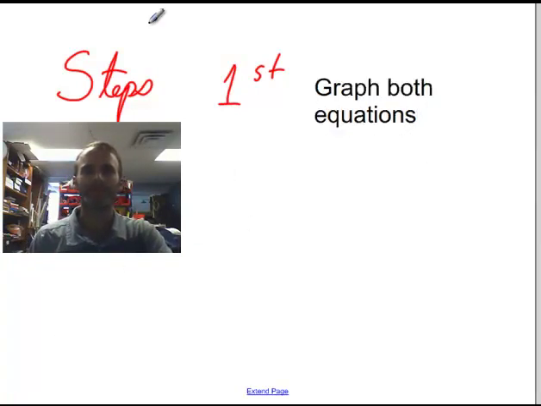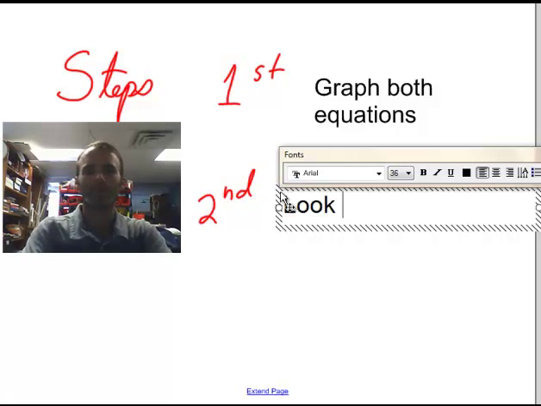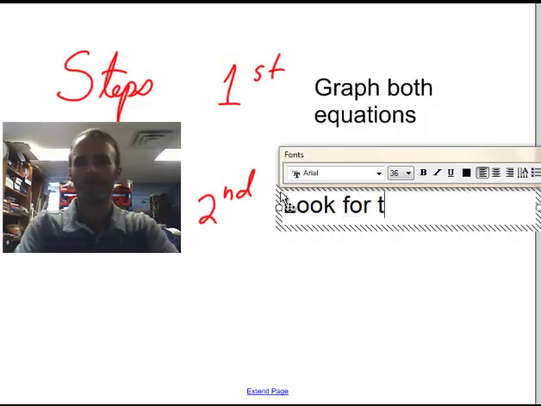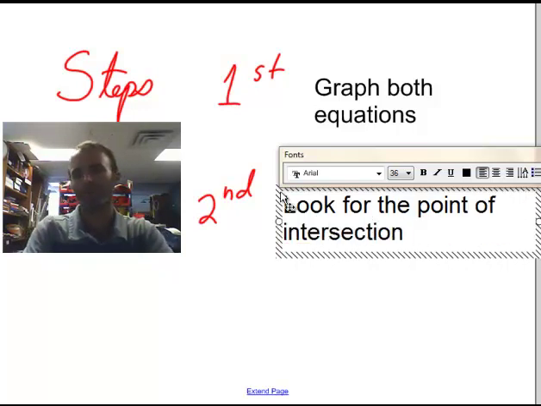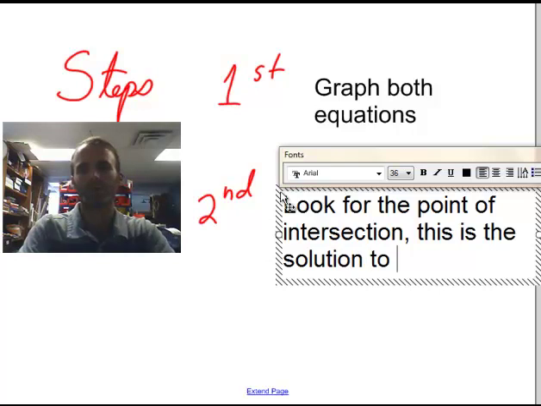Second step, we are going to look for the point of intersection. And this is the solution to each equation.